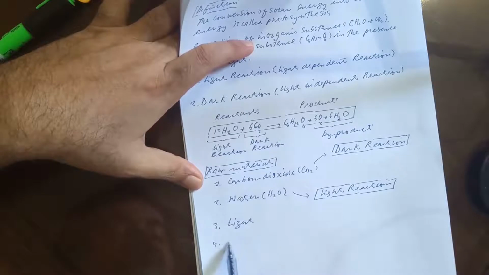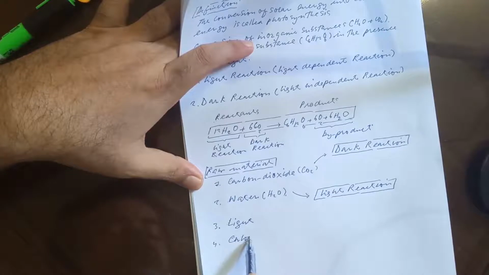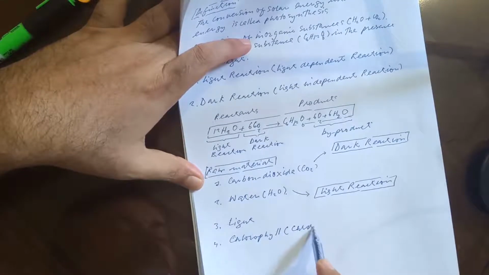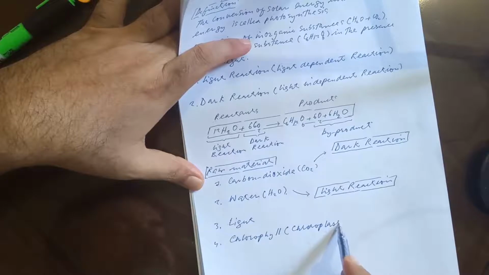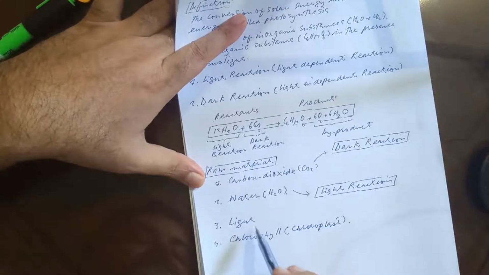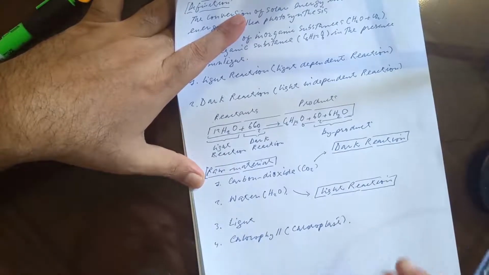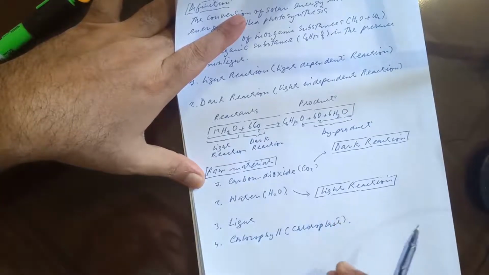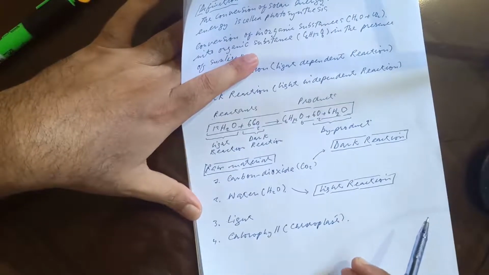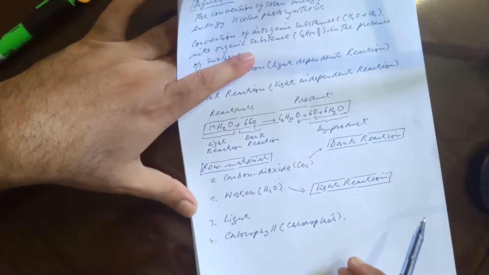The fourth thing, not just probably but necessarily, is chlorophyll, or I should say chloroplast, for the reaction to take place. So these are the four things. Certainly they are necessary factors, but they don't make a material contribution to making C6H12O6.